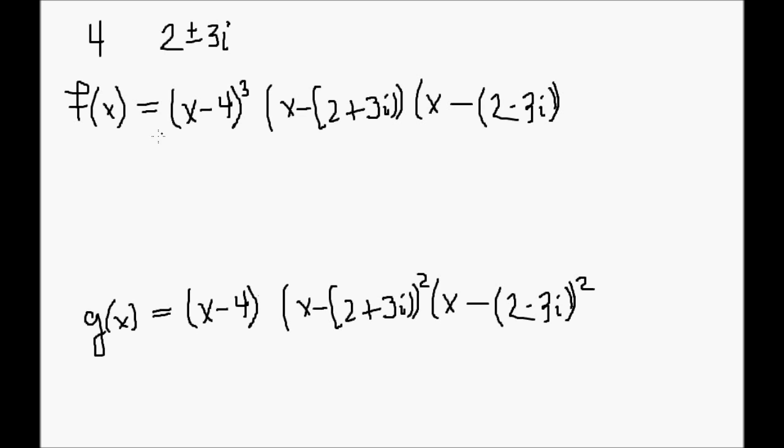If you actually multiply these out, for this one it's x minus 4 cubed. And then this term is the irreducible quadratic x squared minus 4x plus 4 plus 9, or plus 13.